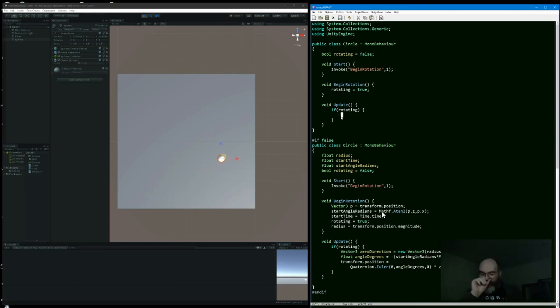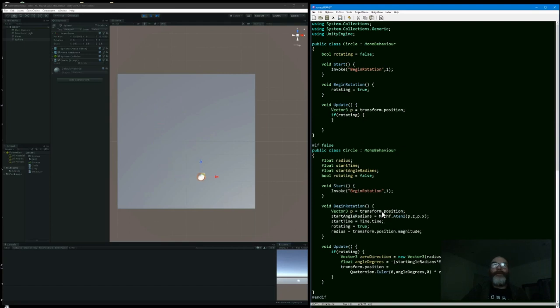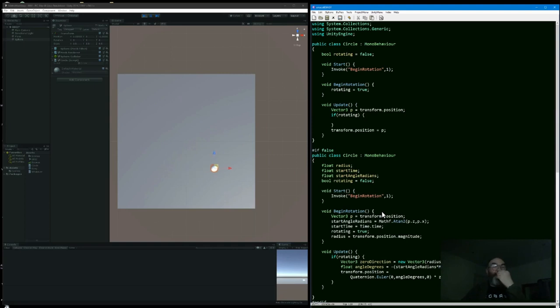So what we do is we say Vector3 p equal transform.position. In fact, just to highlight the point, this is not the mathy bit. And transform.position equal p. That's not the mathy bit.